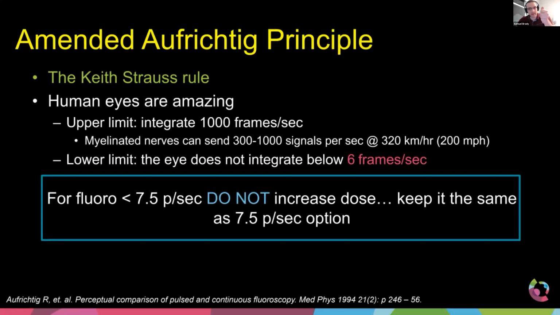But it doesn't make sense to keep changing that dose, because after you get to 6 or lower, your eye does not integrate that. Therefore, the perceived noise will be the same at 6 frames, 4 frames, 3 frames, 2 frames, 1 frame. The noise will be the same in the image. Obviously, it's coming at you more slowly, there's more of a lag, it's more choppy because you're doing fewer pulses per second, but the noise is the same.